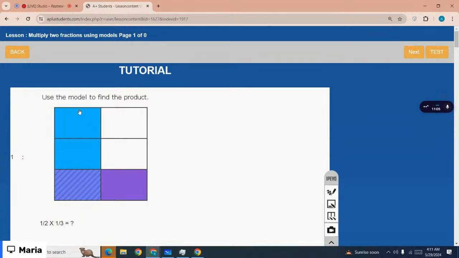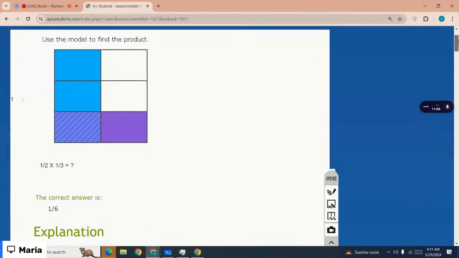You have to use the model and find the product. That is 1 by 2 times 1 over 6. So how many total do you have? You have 1, 2, 3, 4, 5, 6, right? You have only one box that has both the colors. So that is 1 because only one box has the color out of 6. So the correct option is 1 out of 6.